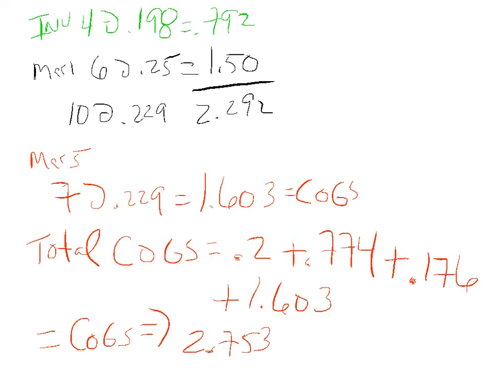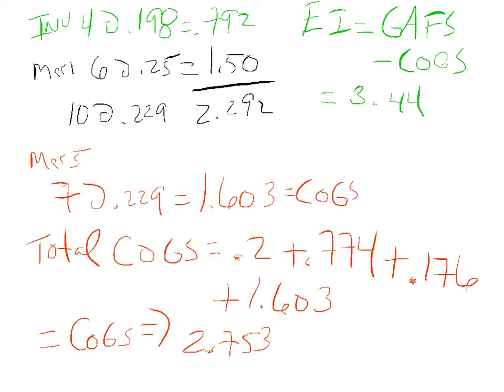So in this case, when you're using this methodology, the easiest way to find out ending inventory is via our formula, and I'll do it up here. So ending inventory is goods available for sale minus cost of goods sold. And we know that goods available for sale was 3.44 and cost of goods sold was 2.753.